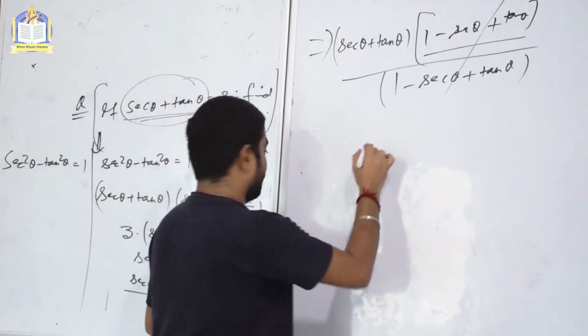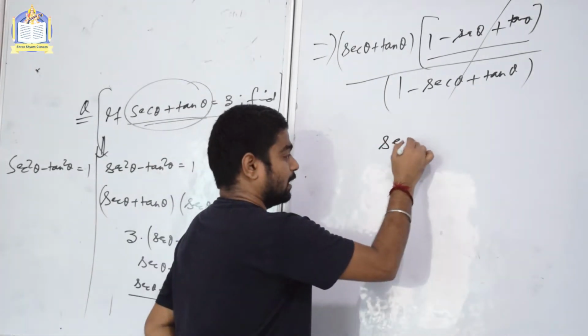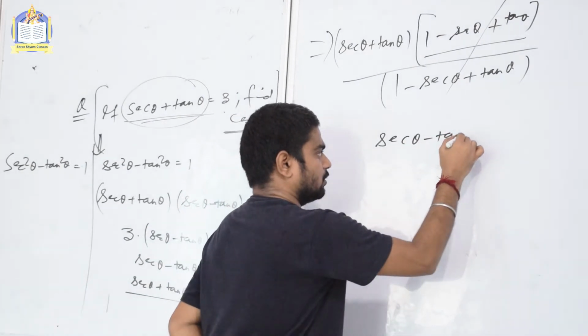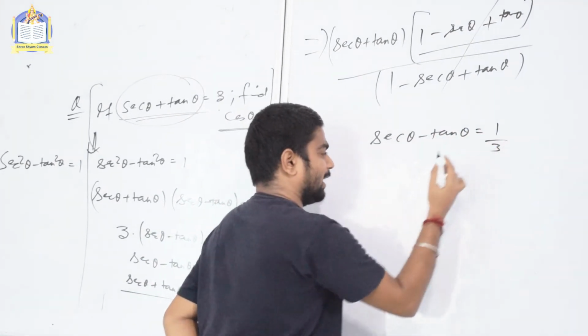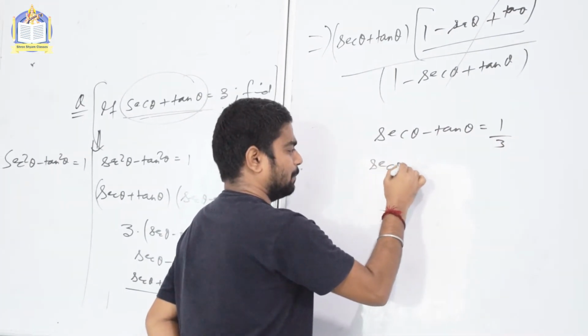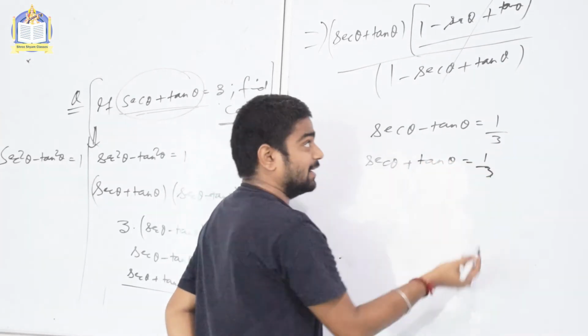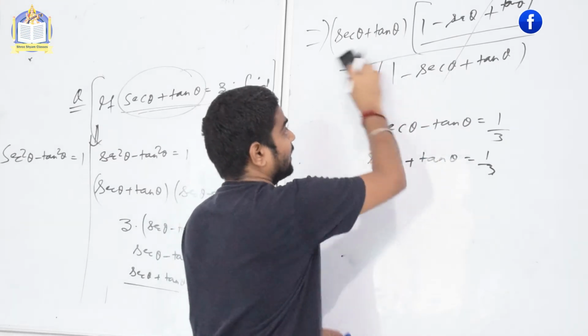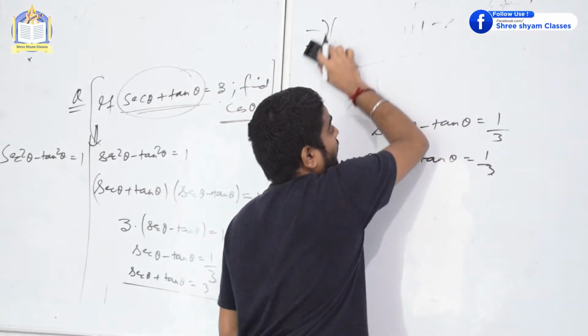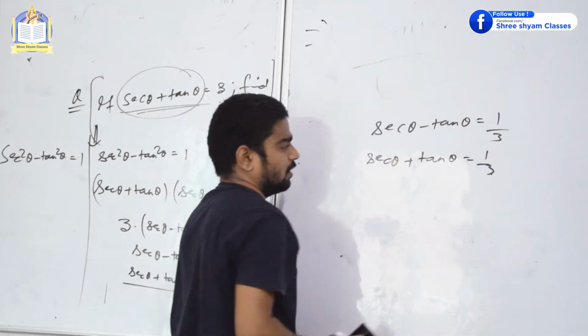Sec theta minus tan theta is 1 by 3 and sec theta plus tan theta is 3.